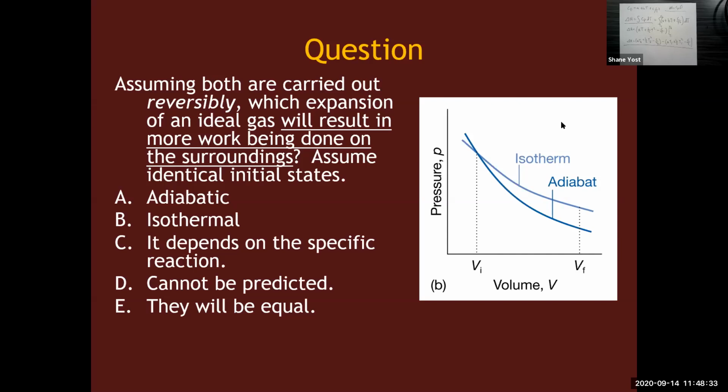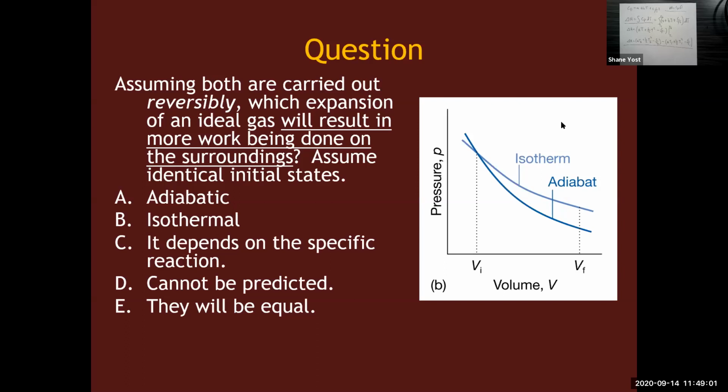So let's take a step back. When I have some function and I'm integrating that function, what is that integral giving me? If I have a plot of that function, it's the area underneath the curve. And work is related to pressure as a function of volume, P dV.